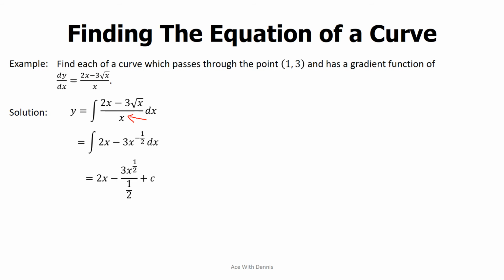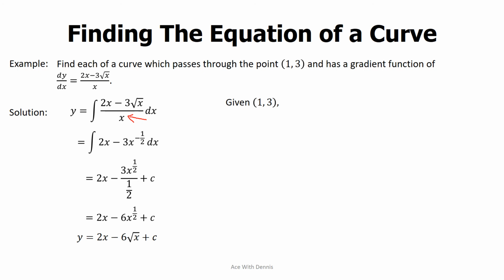Integration of 3x to the power of negative half dx, we get minus 3x to the power of half over half, plus c. Then rearrange, we can get y equals 2x minus 6x to the power of half plus c, or y equals 2x minus 6 square root of x plus c. This is the equation of the curve.